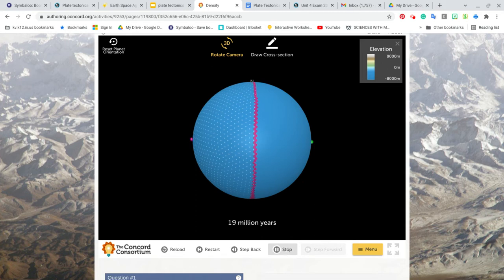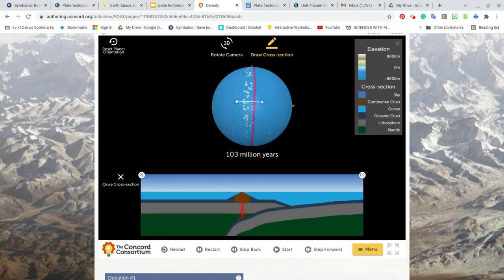It'll be much easier to do it this way. So you can stop it at 100 million and still see that. And like I said, to get the cross section, click on that. And on this one, all I have to do is draw the line that I want to see. And there it's going to show me what's going on.